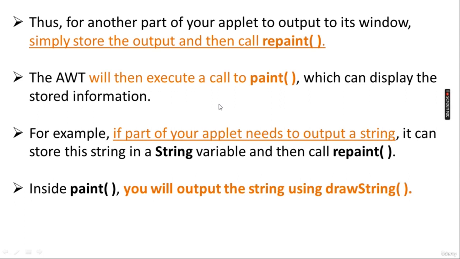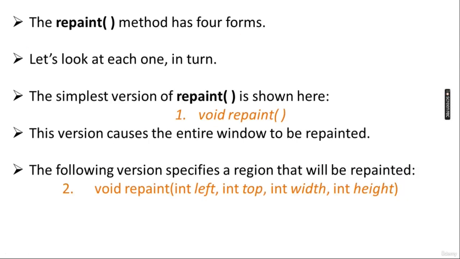Repaint will call paint; AWT will then execute the call to paint internally, and your stored information, like half of the banner, will be displayed. If part of your applet needs to output a string, it can store this string in a string variable and then call repaint, and inside paint you will output the string using drawString automatically. You don't have to worry about it.